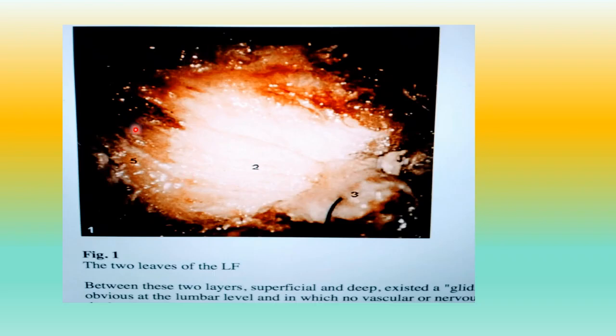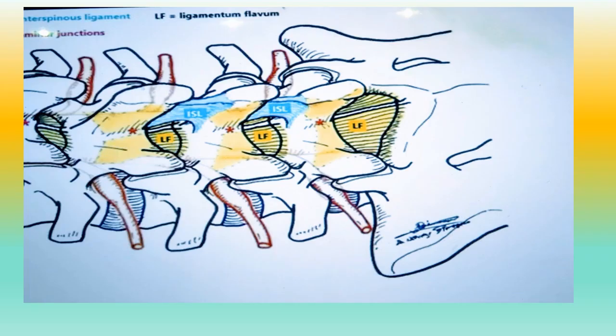It is on the undersurface of the upper lamina, and this is the beveled attachment, one above the lower lamina and the other anterior to the lower lamina. This is the whole ligamentum flavum. The upper corner points toward the exiting root, while the lower corner points toward the traversing root.